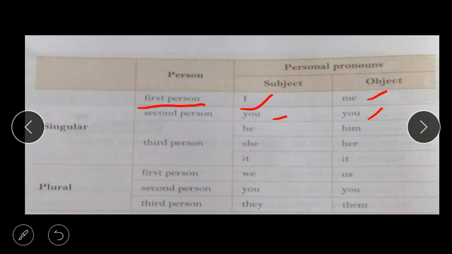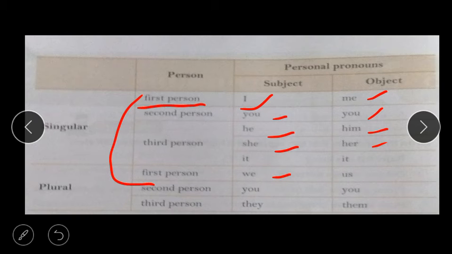And the third person is the person spoken of, like he, she, him, her. The plural of the first person I is we. I is for one person, whereas for many persons we say we are playing. If you are alone playing, you will say I am playing.